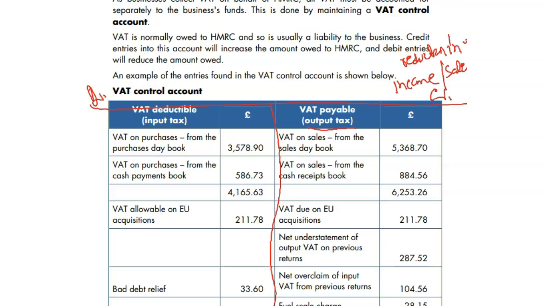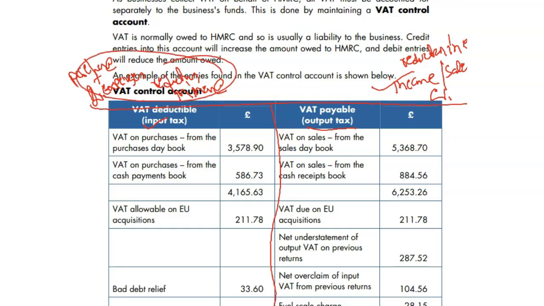All these are on the credit side, right? And input VAT, purchases, expenses, and reduction in income, all these transaction VAT should be on the debit side.